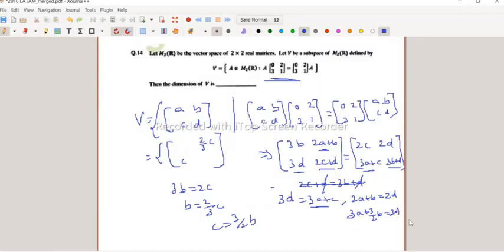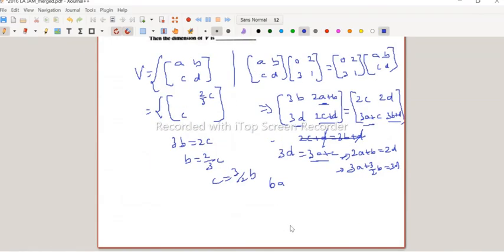We solve these equations, and we have to eliminate A. Therefore multiply this equation by 3 and this equation by 2. We multiply the first equation by 3, and therefore we get 3B equal to 6D.